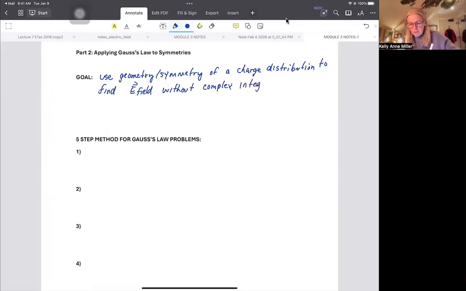Gauss's law is almost like a trick. Okay, it's a tool for finding the E field.